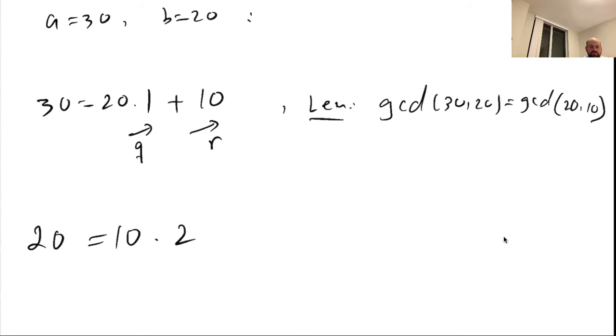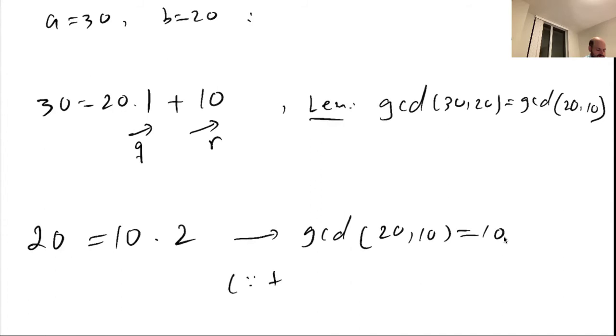If the first number is a multiple of the second number, then the GCD is the second number, right? So the GCD of 20 and 10 is equal to 10.